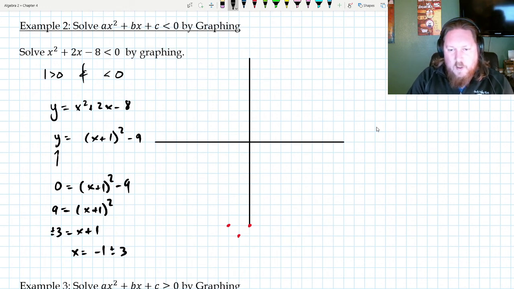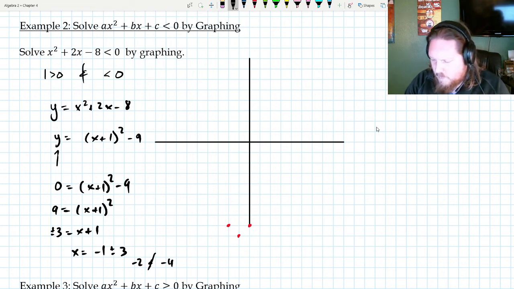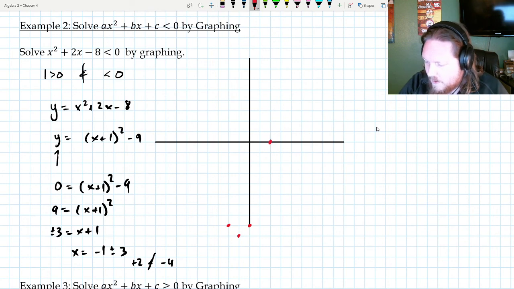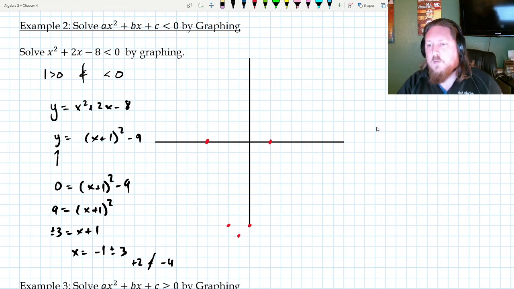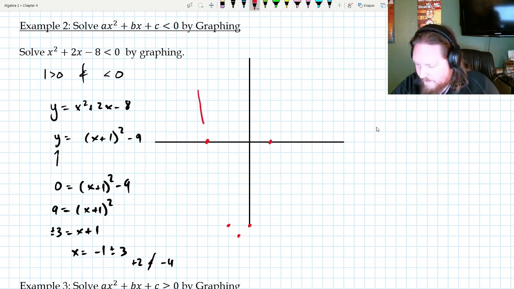So negative 1 plus 3 is positive 2, and negative 1 minus 3 is negative 4. I can even double check. This is my axis of symmetry. 1, 2, 3. 1, 2, 3. Yeah, they're both 3 points away, so we're good there. So there's my graph.